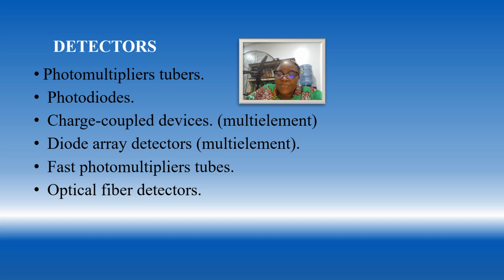And then we have the fast photomultiplier tubes, and the optical fiber detectors, which allow for remote sensing and reduce interference. The detectors are very important because they convert the absorbed light into an electrical signal, which is processed and displayed as an absorption spectrum of peak intensity. The choice of detector depends on the specific instrument, sample type, and analytical requirements.